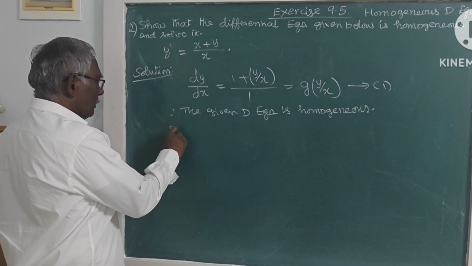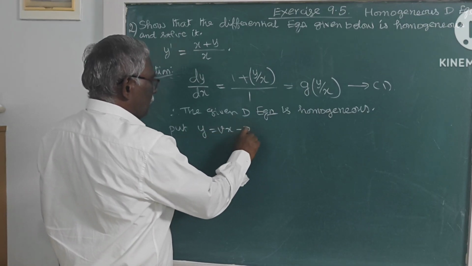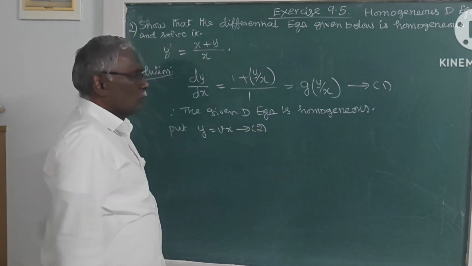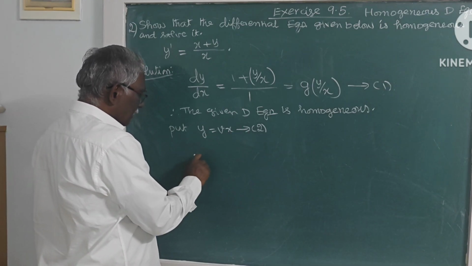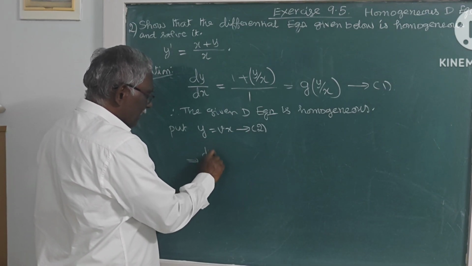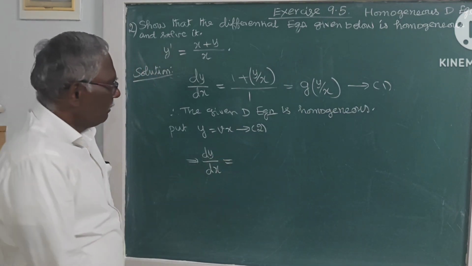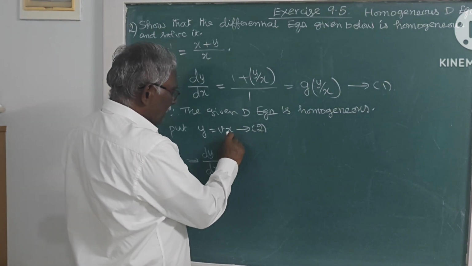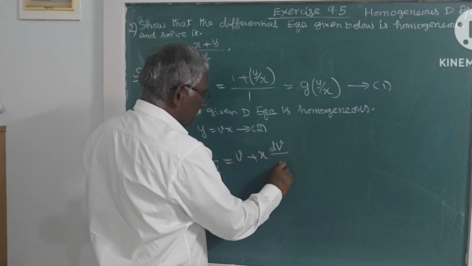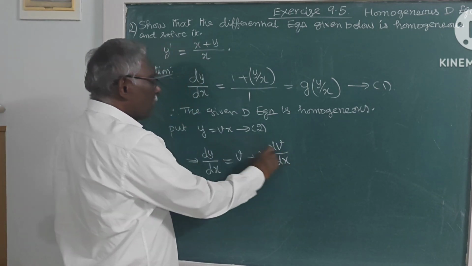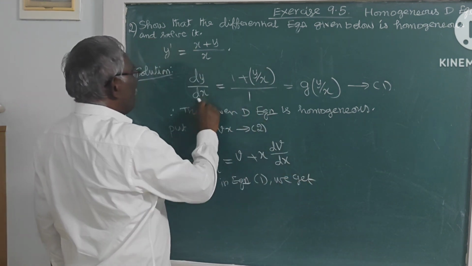Now put y is equal to vx. So what we will get? We differentiate with respect to x, we will get dy by dx. Again we will use the uv form. So v into 1 plus x into dv by dx. Substitute this in equation 1, for dy by dx.